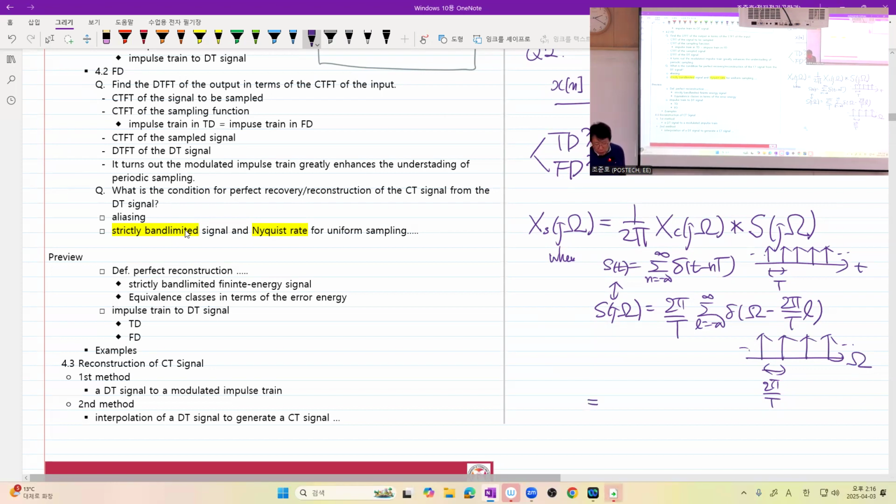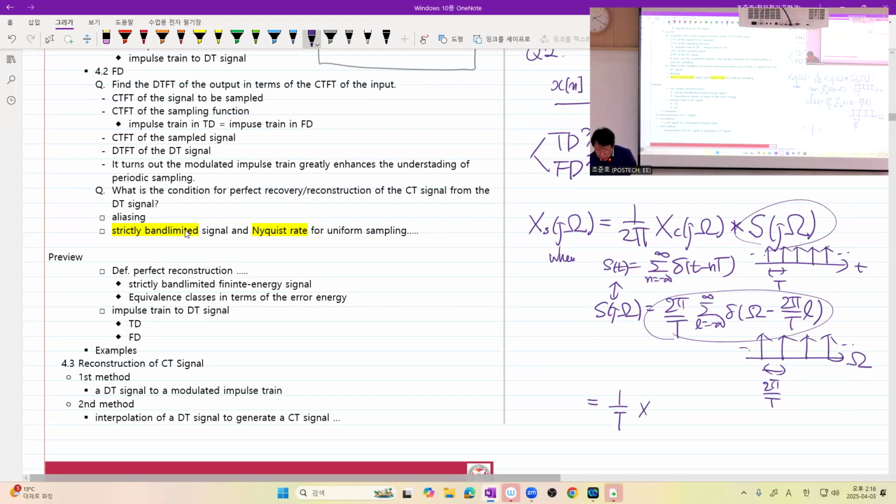So if you plug in this one here, then 1 over 2 pi and 1 over 2 pi cancel. And if I remember correctly, is it correct? Just a second. I believe so. Yeah.